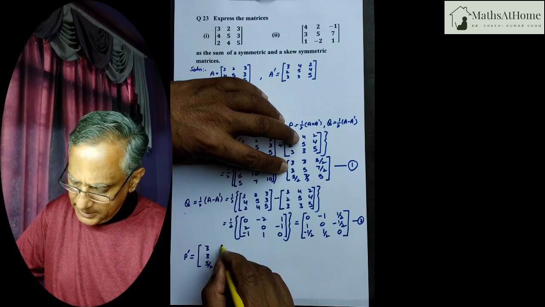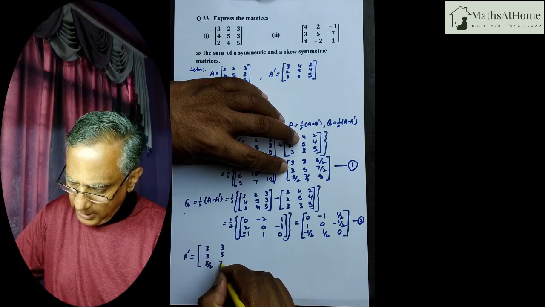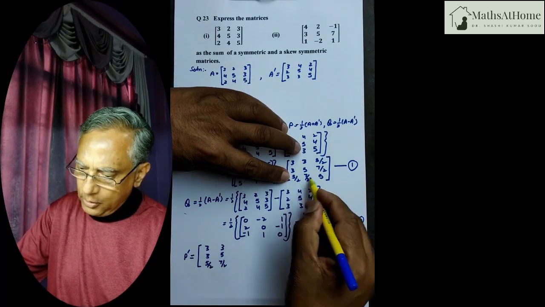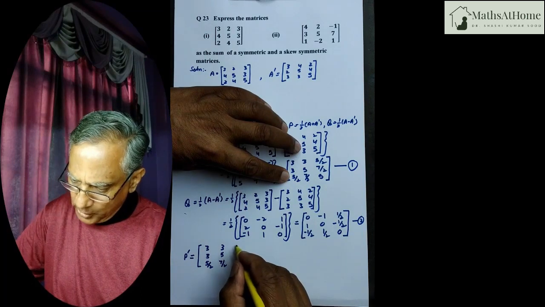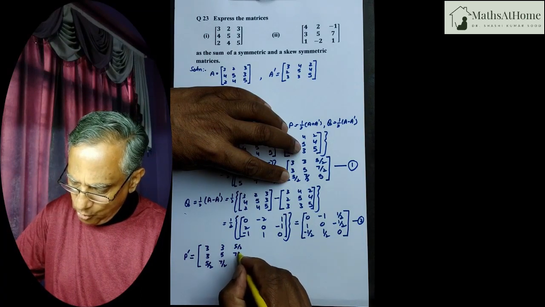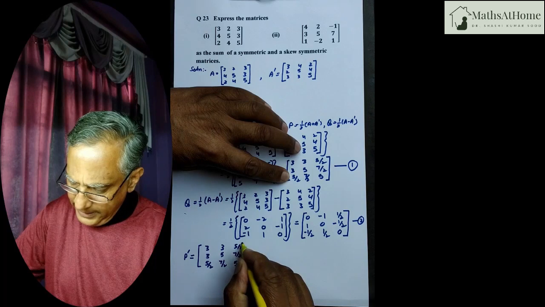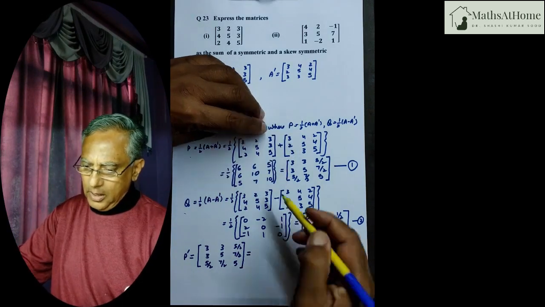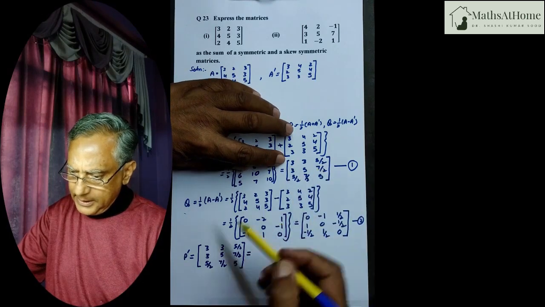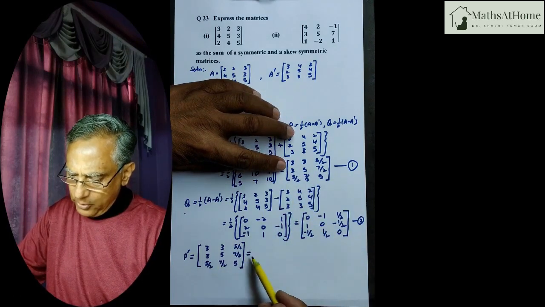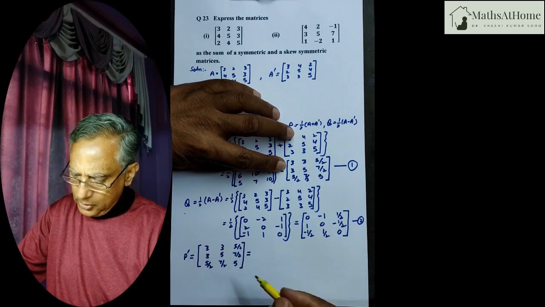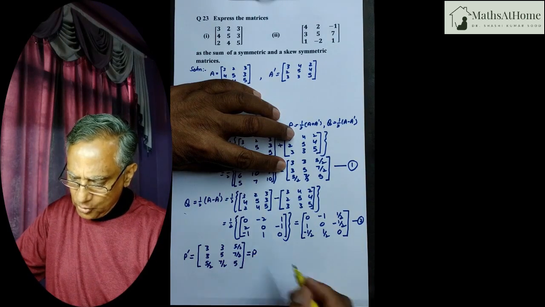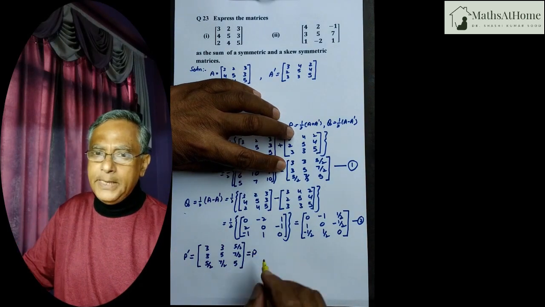This row will become the second column. 3, 5, 7 by 2. This row will become third column. So 5 by 2, 7 by 2, and 5. And this is equal to, now compare it with this. All the entries are matching. So this is equal to P.